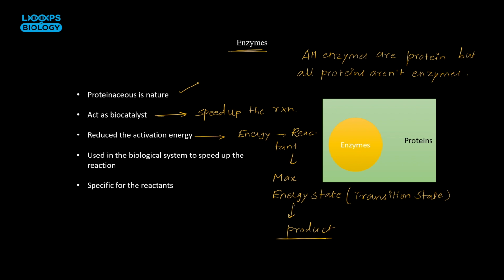Now these enzymes are used in the biological system and they are specific for reactants. So this specificity is very, very important. So enzymes are very specific according to their substrate.